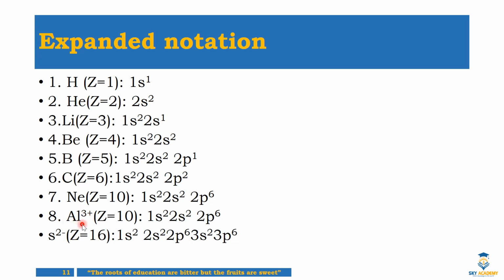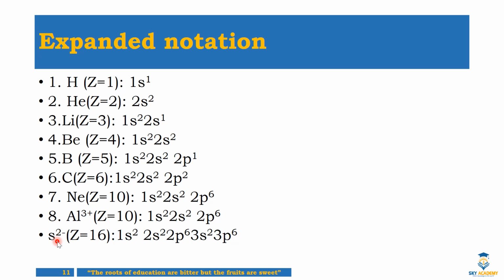Aluminium, we normally know that its atomic number is 13, but because it has lost 3 electrons, it will remain with 10. It will be isoelectronic with neon. The electron configuration of aluminium 3 plus resembles that of neon. So we say that neon and aluminium 3 plus are isoelectronic. Isoelectronic means they have the same electronic configuration.